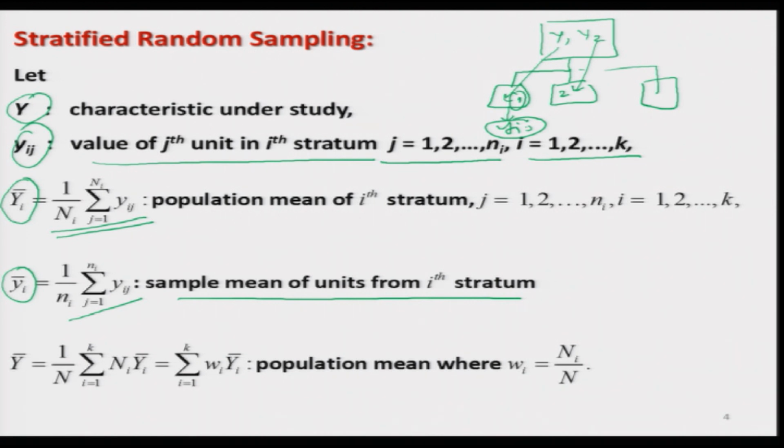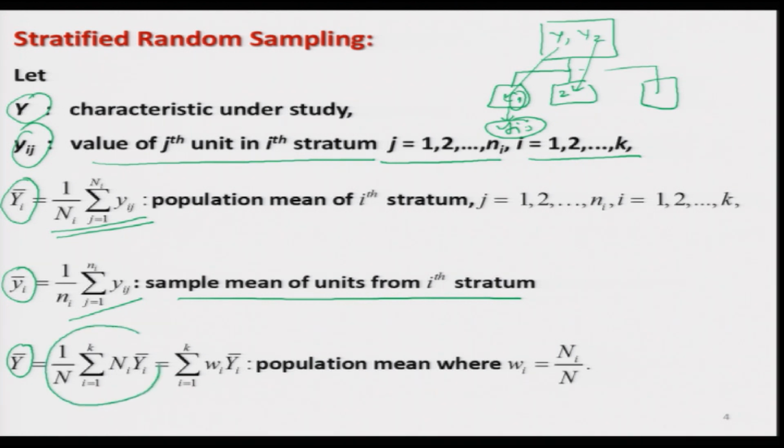And then capital Y bar. Capital Y bar is the population mean, which is the mean of all the units in the population, capital Y1, capital Y2, up to capital Yn. But in this case, we are not considering the simple arithmetic mean for capital Y bar; we are denoting a weighted arithmetic mean.